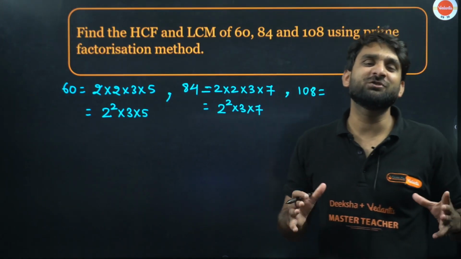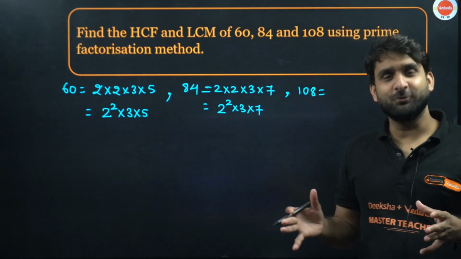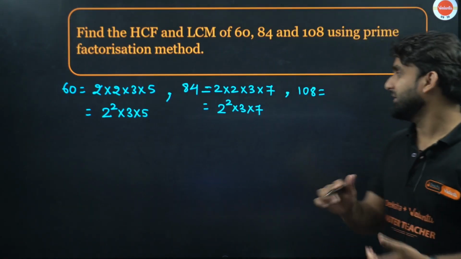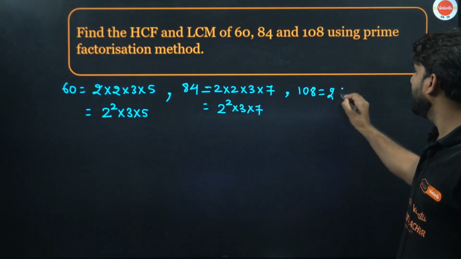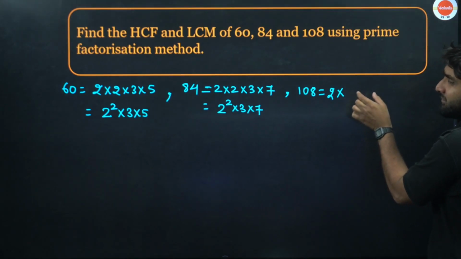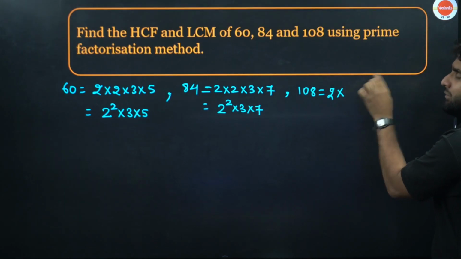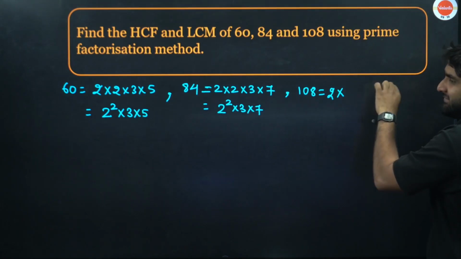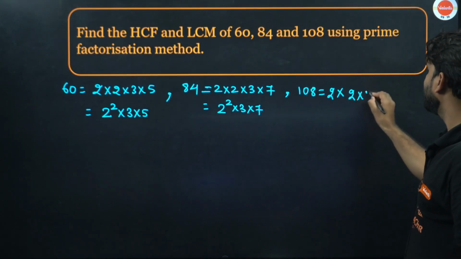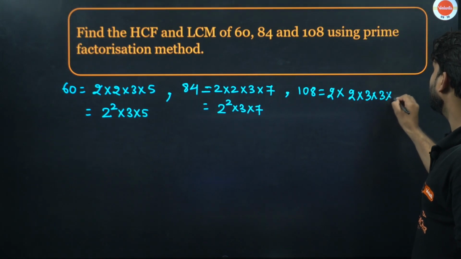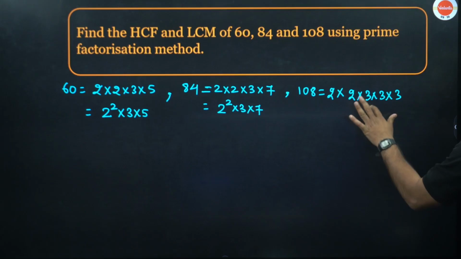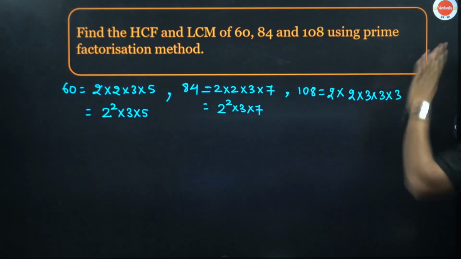And 54 means 2 into 27, and 27 means 3 into 3 into 3. So this will be 2 into 2 into 3 into 3 into 3. Check it once: 3 times 3 is 9, 9 times 3 is 27, 27 times 2 is 54, 54 times 2 is 108.